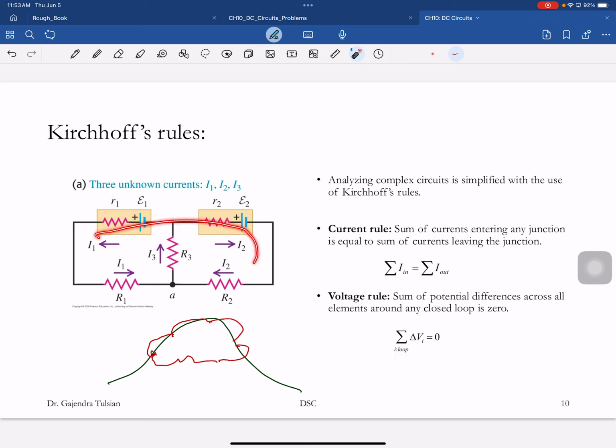When you go around the loop like this, there are 6 terms, and so on. So these are the two Kirchhoff's rules. The current rule tells you that current flowing into a junction is equal to the sum of currents flowing out of the junction. And the loop rule says around any closed loop, the sum of the voltages across each element should add up to 0.